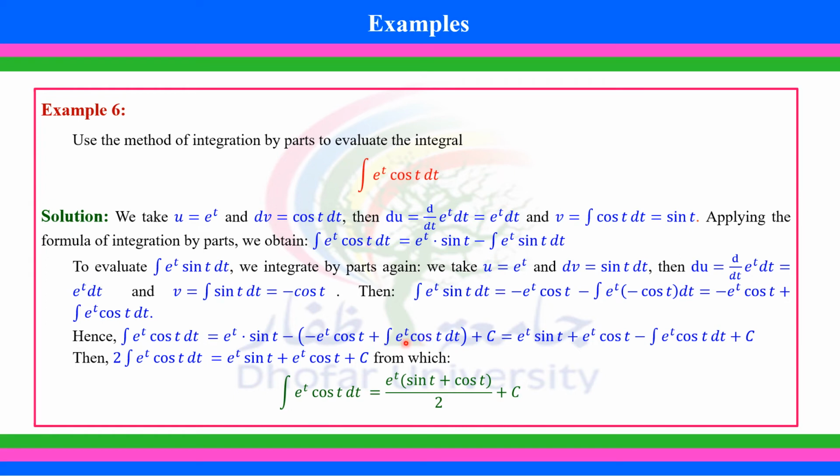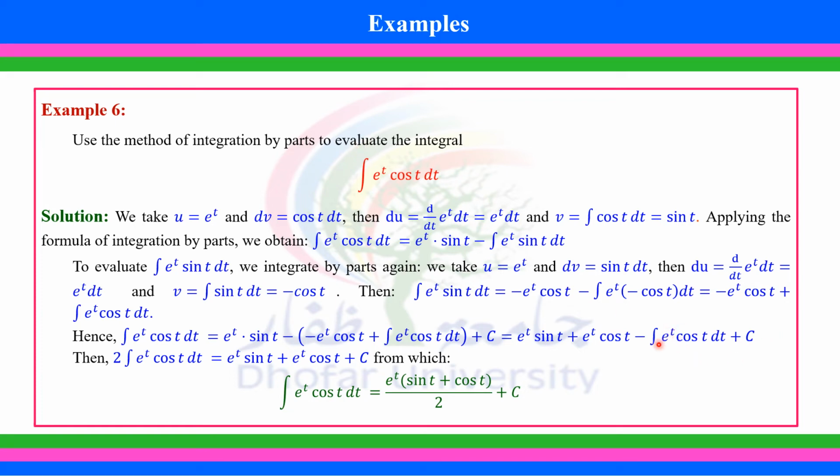When we distribute the negative, negative becomes positive, and positive becomes negative. So we see that on the right hand side we have the integral of exponential t cosine t dt, which is the integral that we wish to compute.